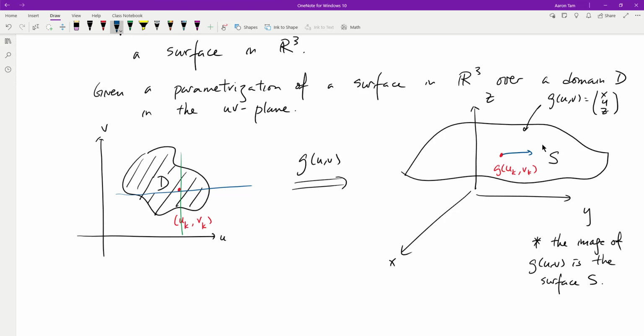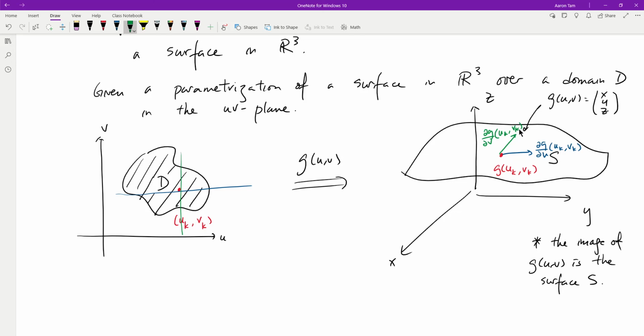One of them goes this way, which is dg over du at u sub k, v sub k, and a second tangent vector goes this way, dg over dv at u sub k, v sub k. Those are two directions going in a straight line from this one point if I were to move this point left or right in the u direction, or up and down in the v direction.